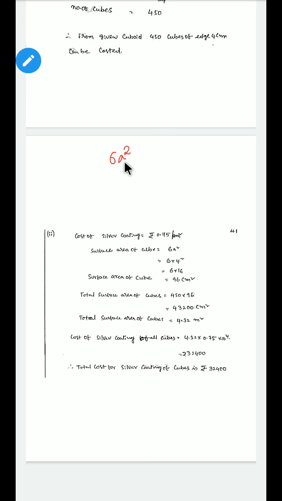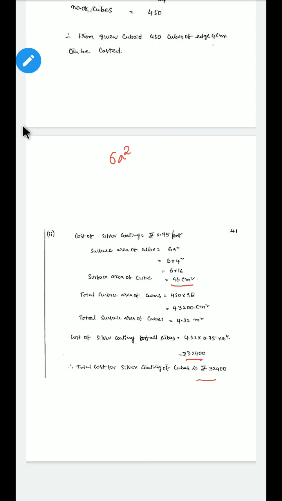So each square area is a² and with 6 faces, that is 6a². So 6a² is equal to how much? That will be 96 square centimeter. Now 1 square centimeter rate is 0.75. Now you just have to multiply it, you will get the result.